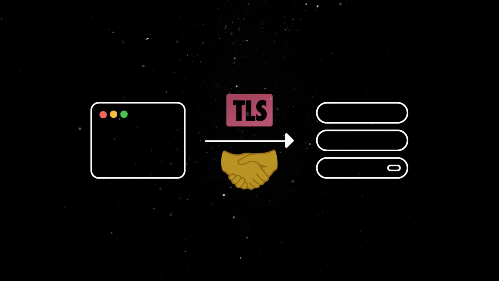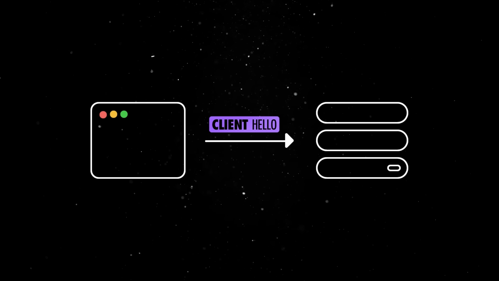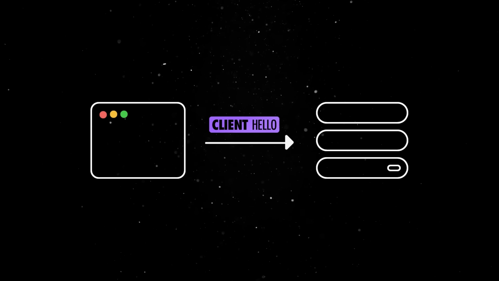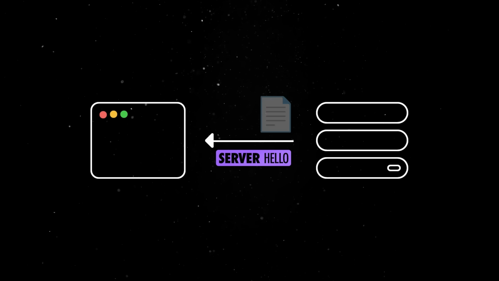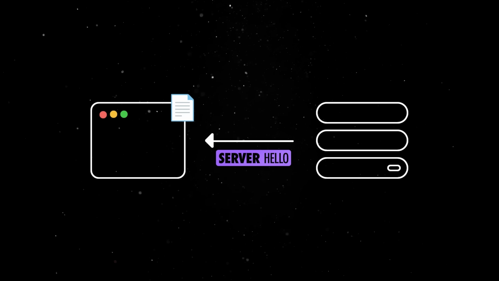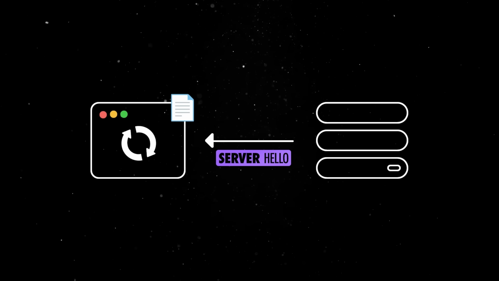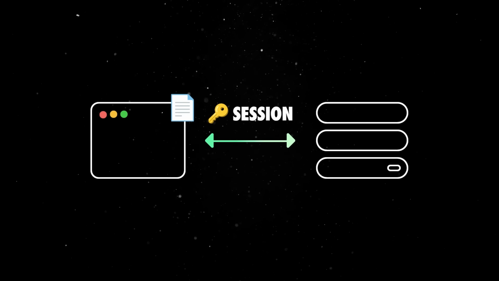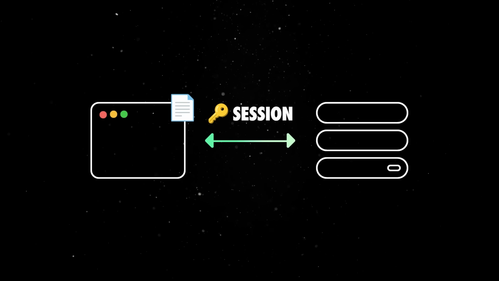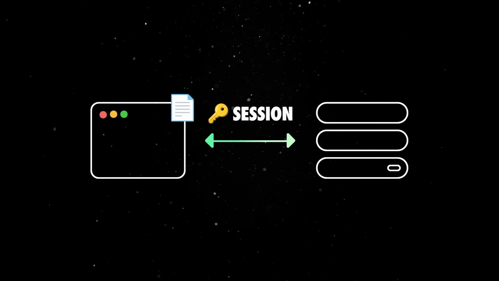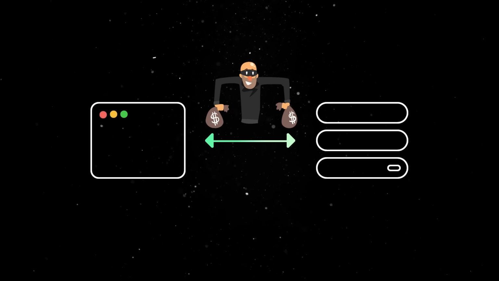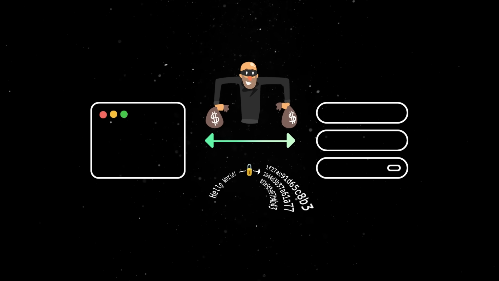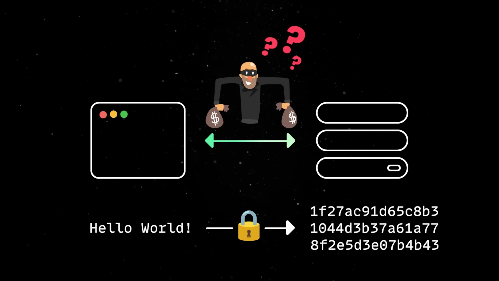Then, the client sends a client hello message listing supported encryption algorithms. The server responds with a server hello message, selecting an encryption algorithm and providing its certificate. The client verifies the server certificate, and both parties agree on a session key to encrypt further communication. Once the handshake is complete, all data exchanged is encrypted using the agreed-upon key. So even if a malicious actor intercepts the communication, the encrypted data is unreadable without the encryption keys.